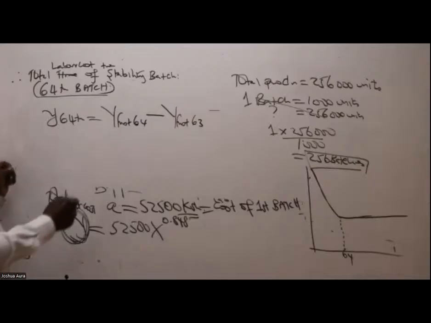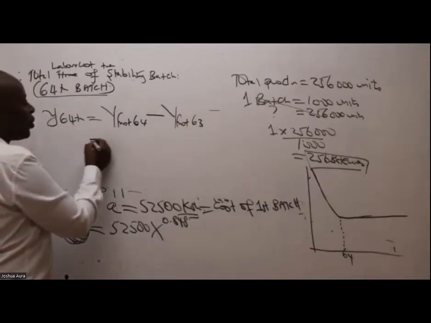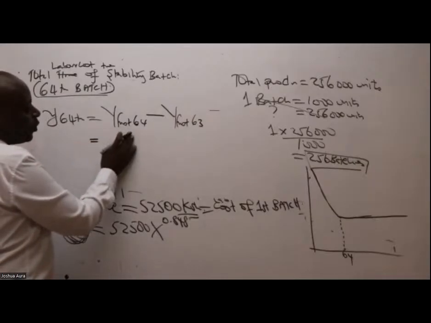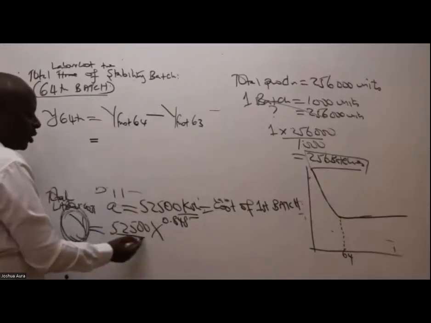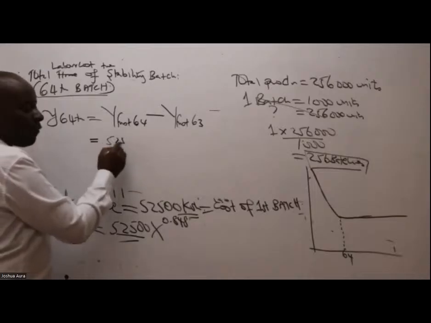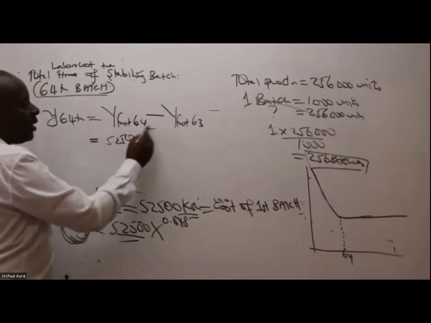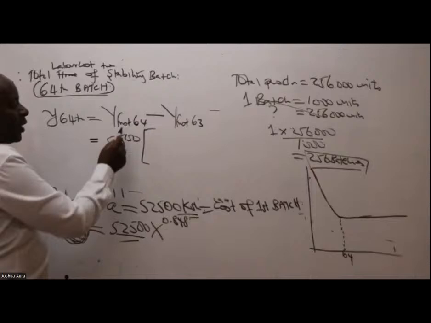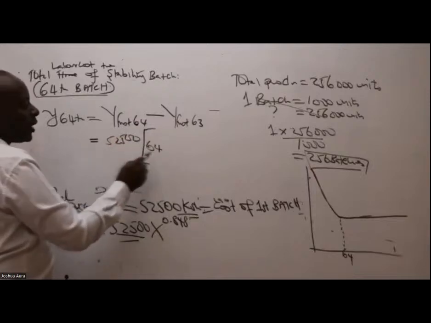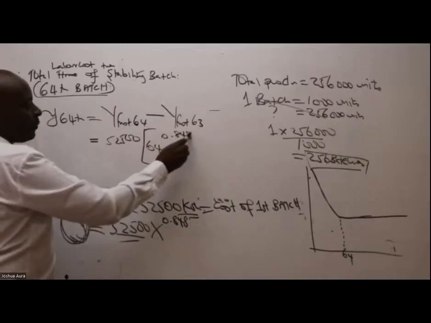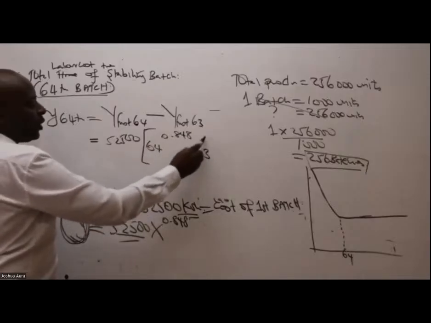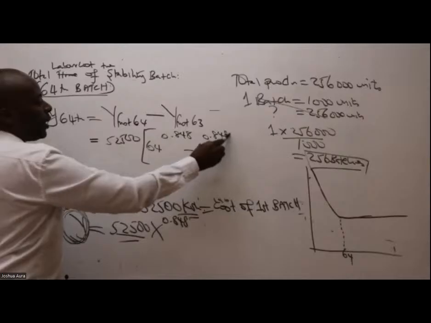So then, ladies and gentlemen, listen to me very well. In this case here, y first 64, y first 63, I'll come and put my a outside. My a is 52,500. That is my a into the first 64. So x is 64 raised to this 0.848 minus 63 raised to 0.848 like that.